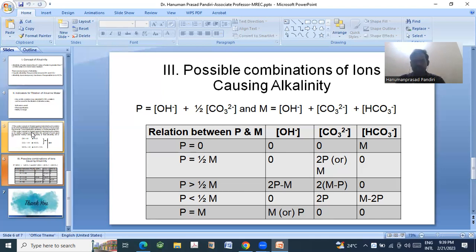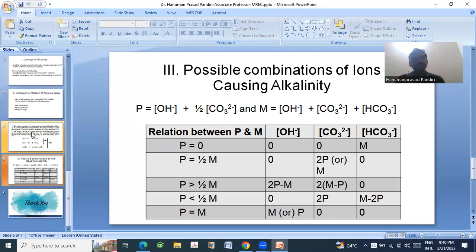So in overall, the alkalinity of water is due to three ions: hydroxide, represented as OH minus, carbonate, represented as CO3 2 minus, and bicarbonate, represented as HCO3 minus.